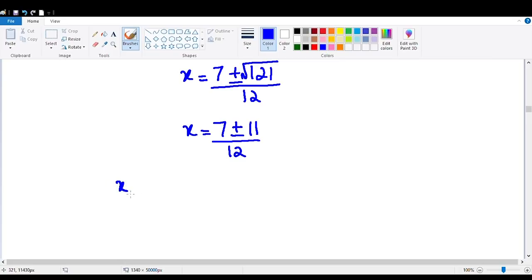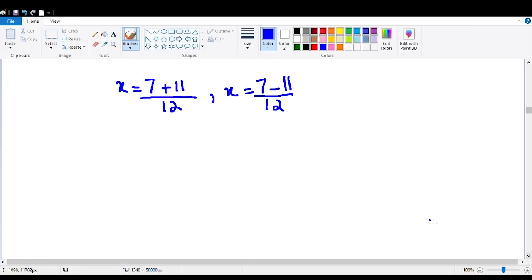So that means x will either equal 7 plus 11 over 12, or x will equal 7 minus 11 over 12. So then we can write x equals 7 plus 11 is 18 over 12, or x will equal 7 minus 11 is minus 4 over 12.